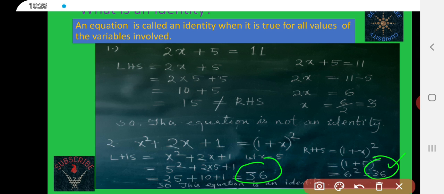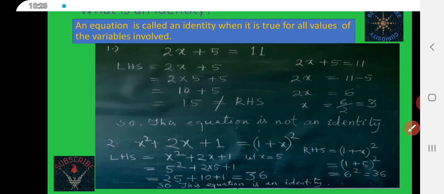So for x equal to 5, this equation is satisfied. And you check any value you take for x, you find this equation is satisfied. That means LHS is equal to RHS for all values of x. That's why this equation is an identity.